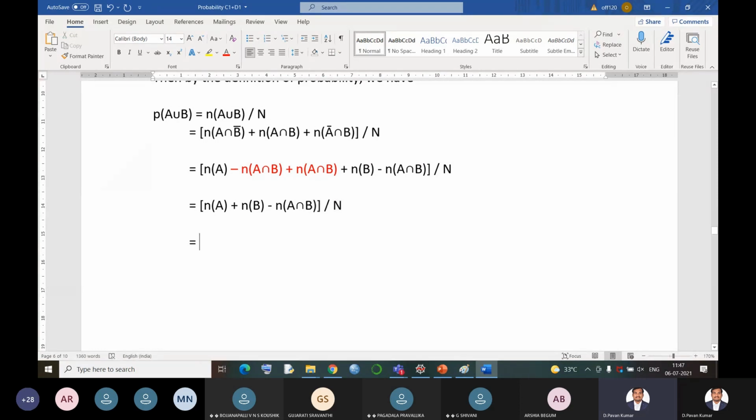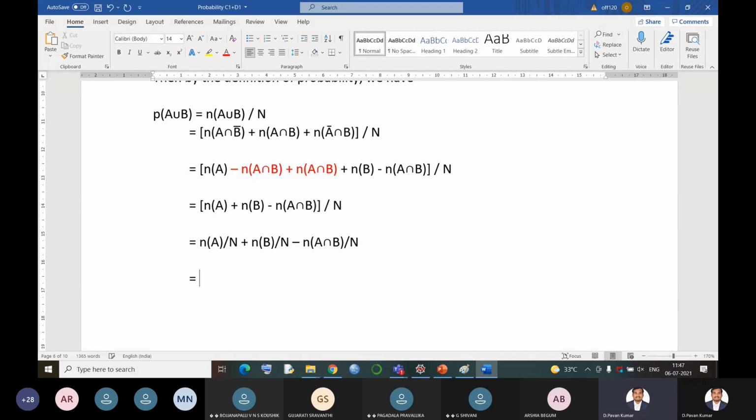Then what do we have? N of A divided by capital N plus n of B divided by capital N minus n of A intersection B divided by capital N.